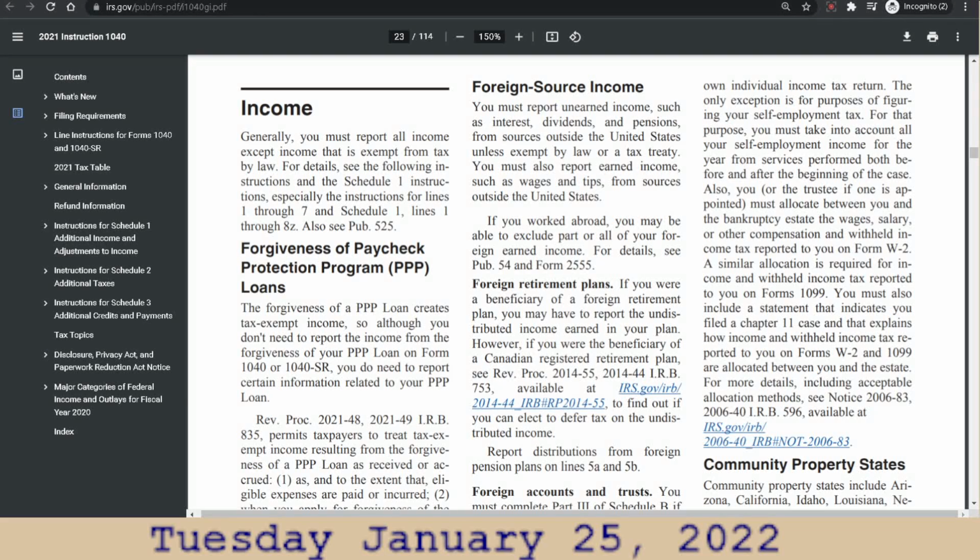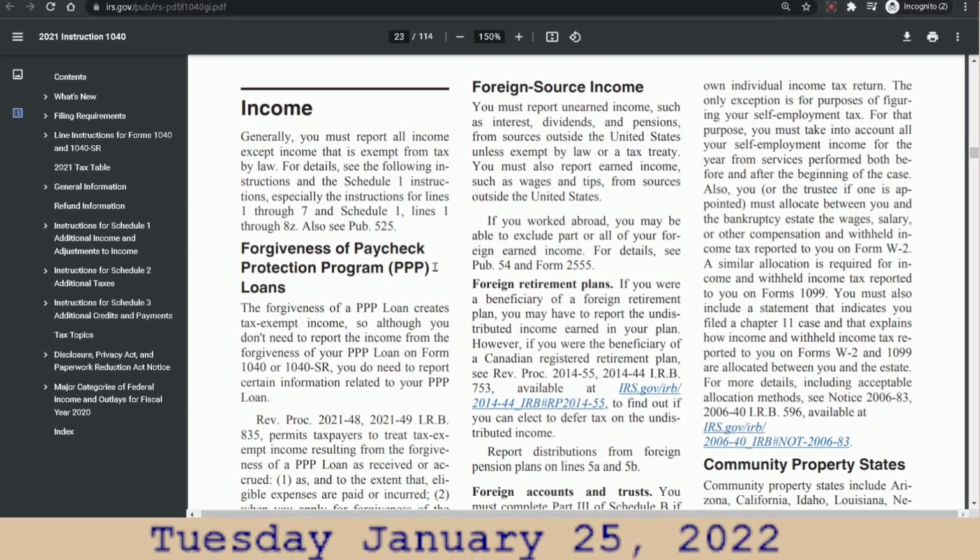You must report all income except income that is exempt from tax by law. For details, see the following instructions and Schedule 1 instructions, especially the instructions for lines 1 through 7 and Schedule 1. Lines 1 through 8Z, see Publication 525.